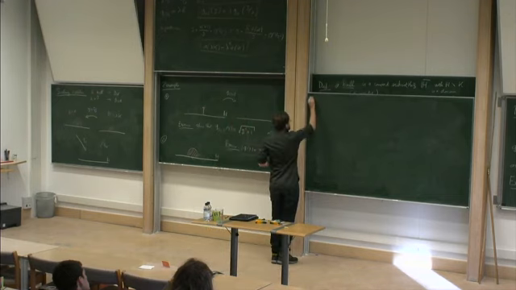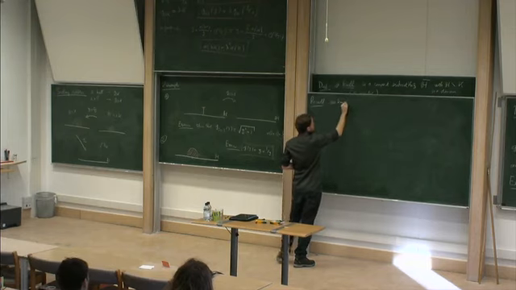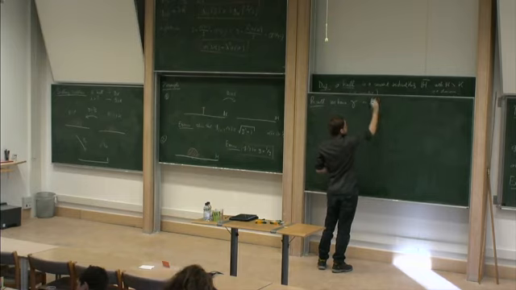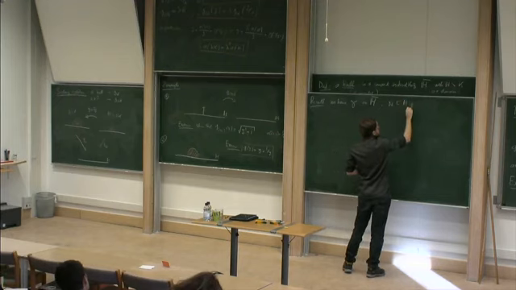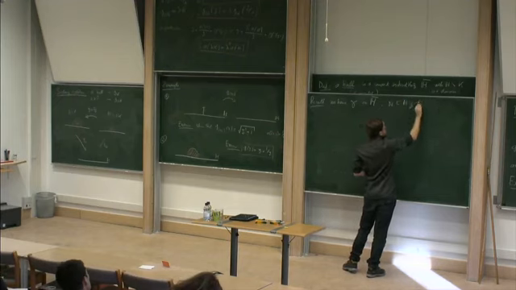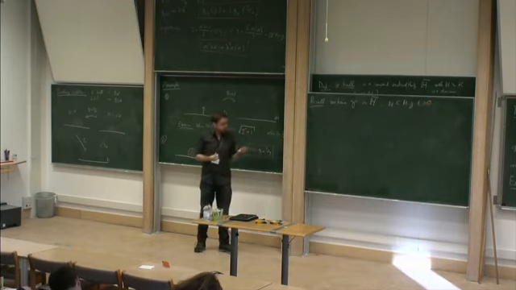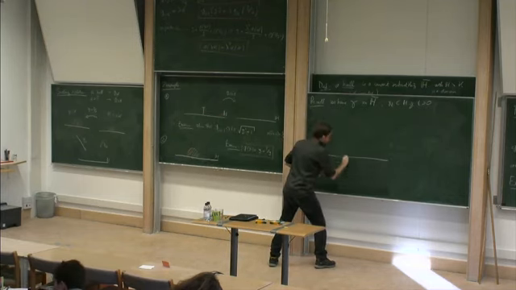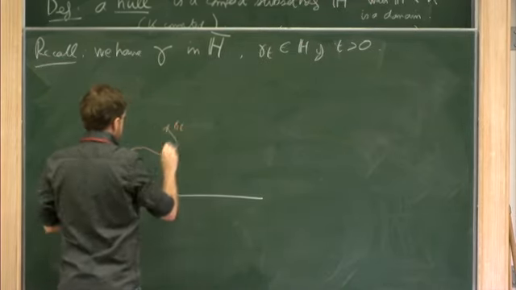So recall, we have gamma in H bar, but gamma_t is in H if t is positive. So this is the curve that we want to describe. And I will draw it again. This is gamma, this is gamma_t.